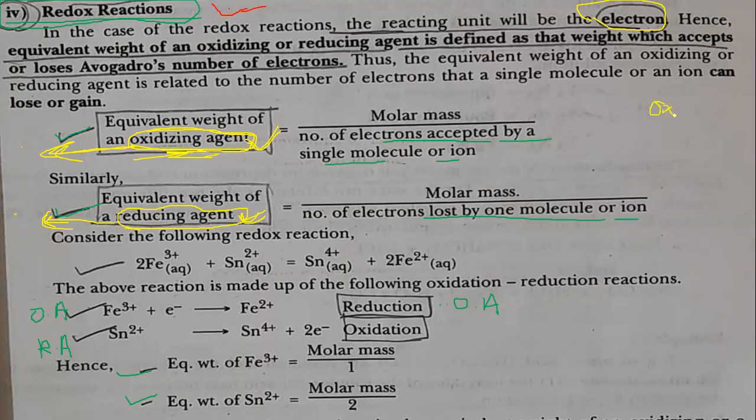Oxidation is loss of electron. And reduction, what is reduction? Reduction is gain of electron. It takes the electron. Okay, very basic definition.